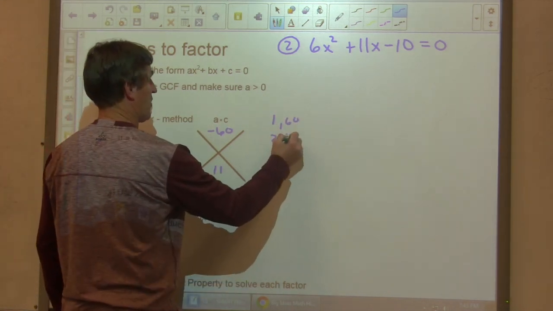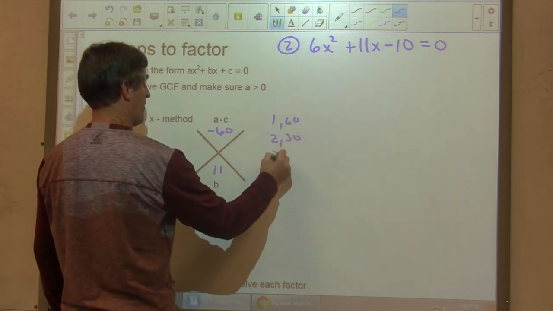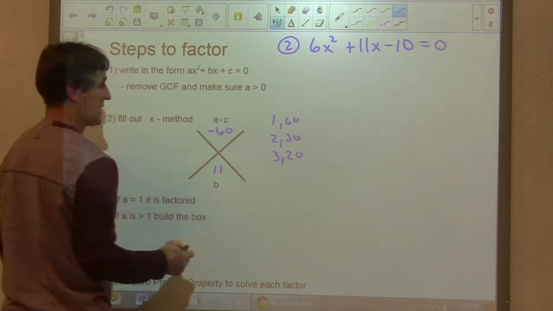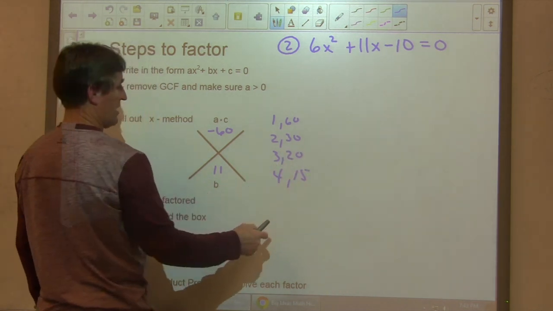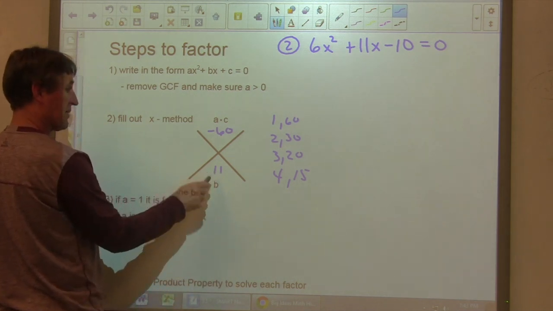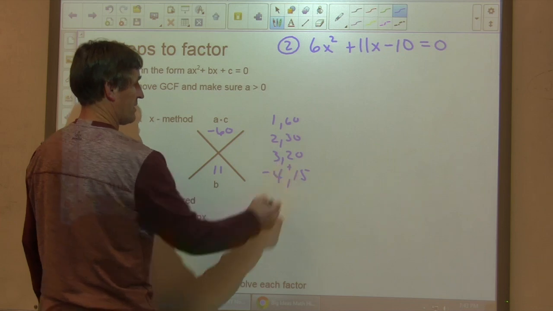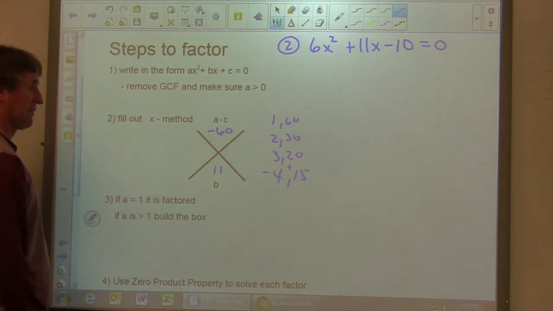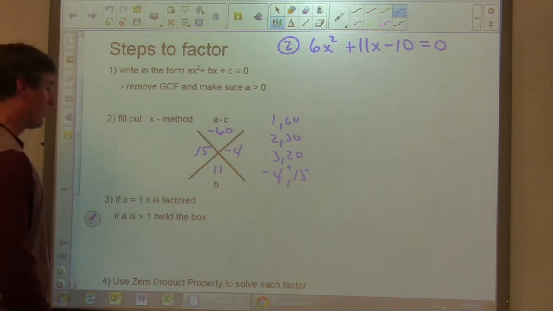I could go 2 and 30, but that would be 28. I could go 3 and 20, but that would be 17. I could go 4 and 15. I need a positive 11, so if I make this positive and the 4 negative, then I get the positive 11. So my factors are 15 and negative 4.